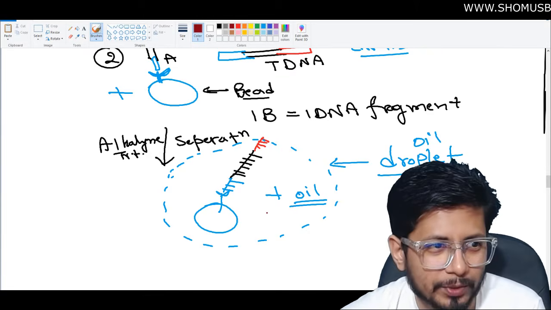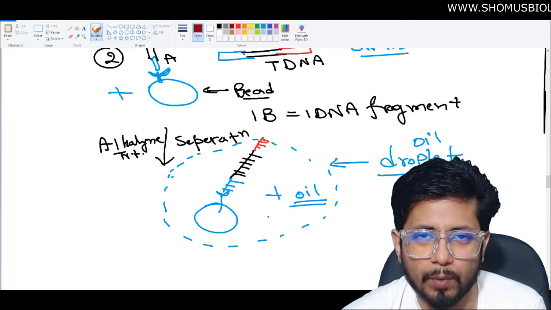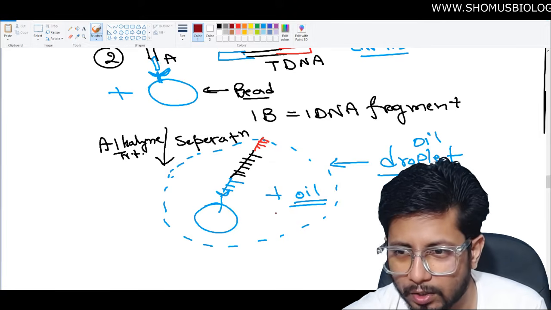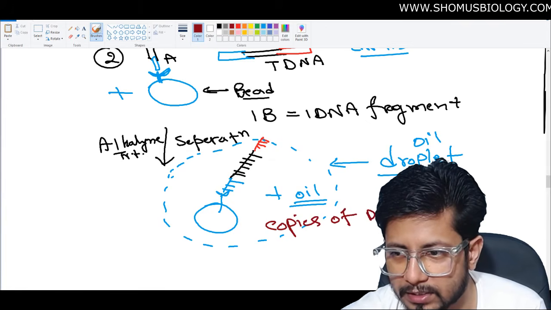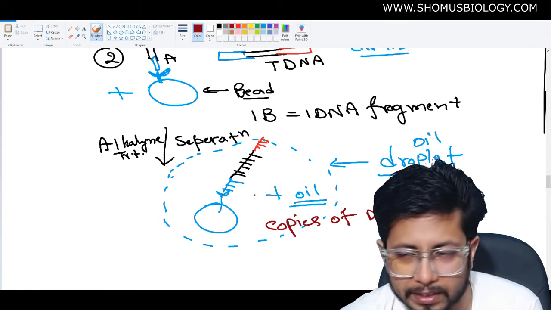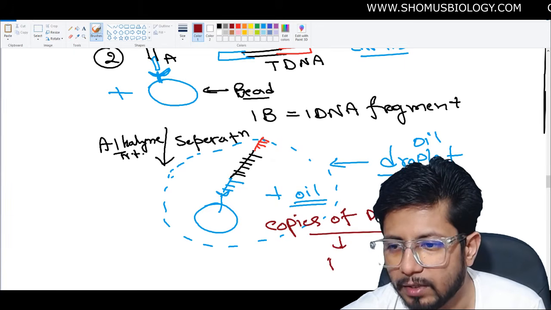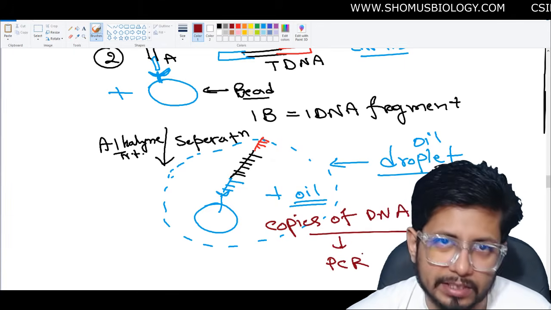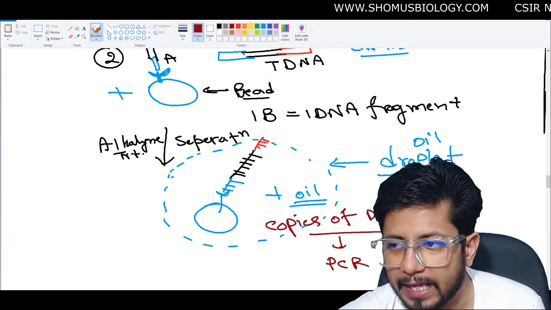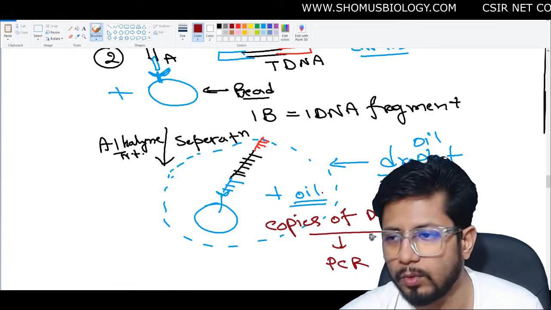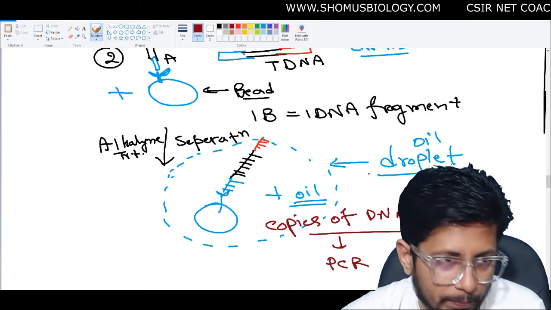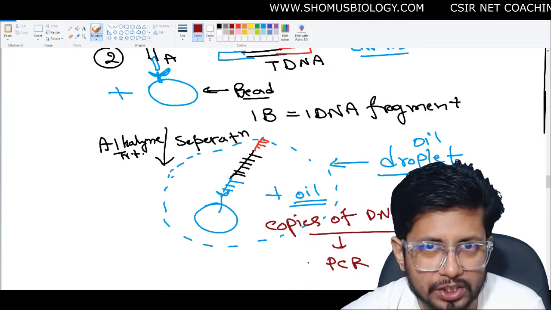We also add components for the process of polymerization, or making copies of this DNA that is added to the bead. And who will copy the DNA? Via the method of polymerase chain reaction or PCR. And as we are using an oil droplet and the whole machinery of cloning and copying inside the oil droplet, we call it an emulsion PCR.